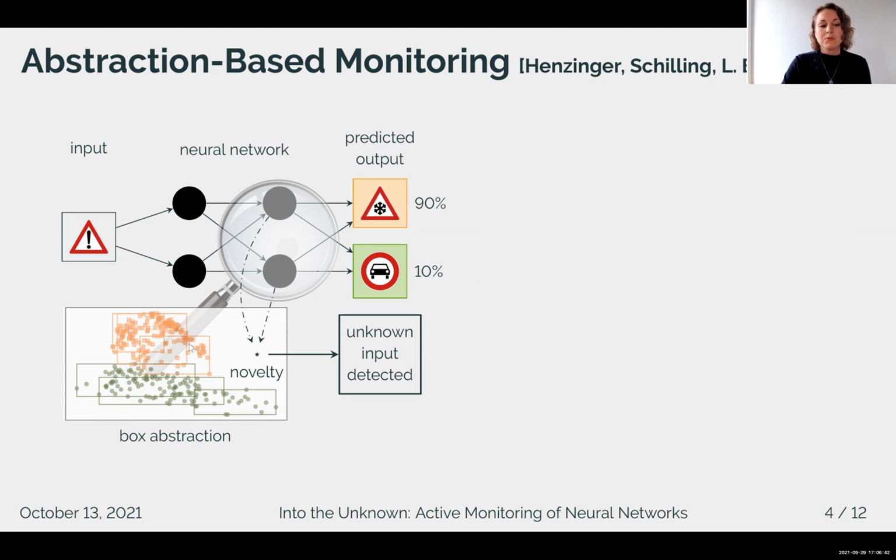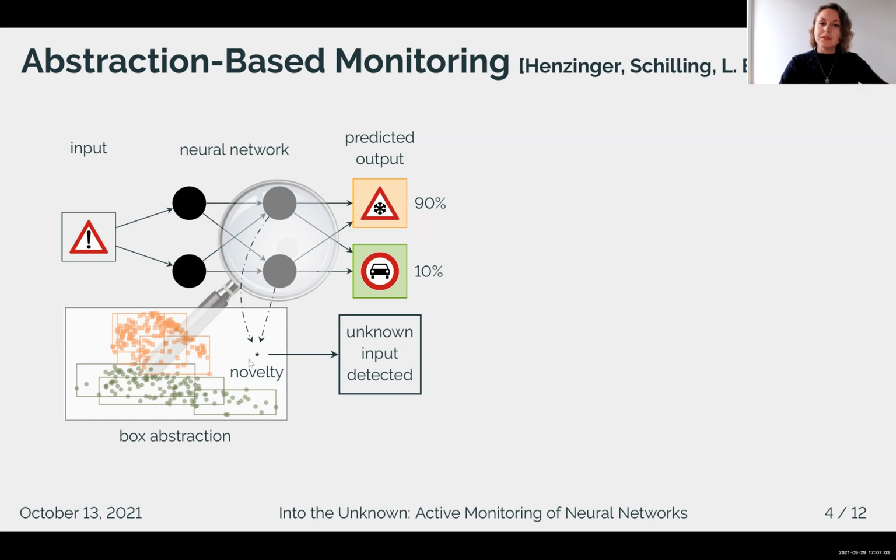And this way, we obtain this kind of interval abstractions that we called boxes or box abstraction that we can later use to monitor if something novel appeared in the input. So we noticed that these box abstractions are the cheapest ones and also the most effective ones.